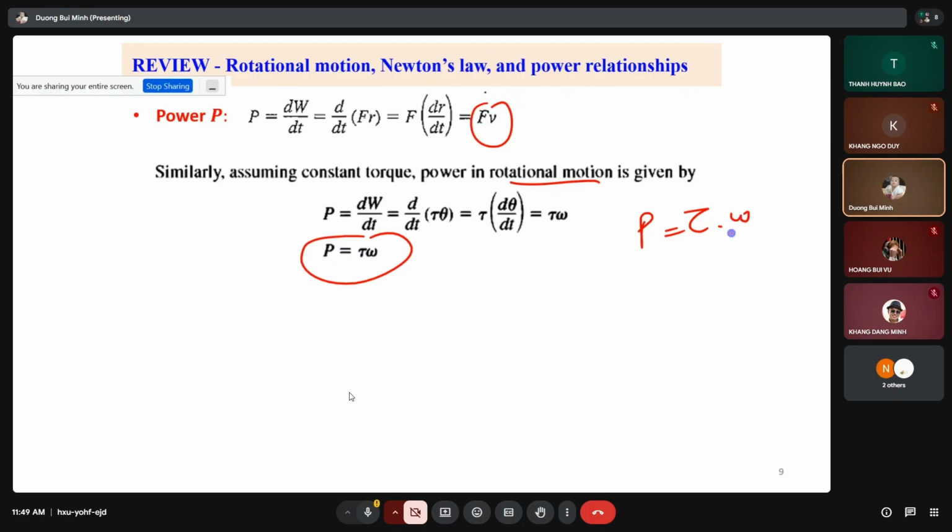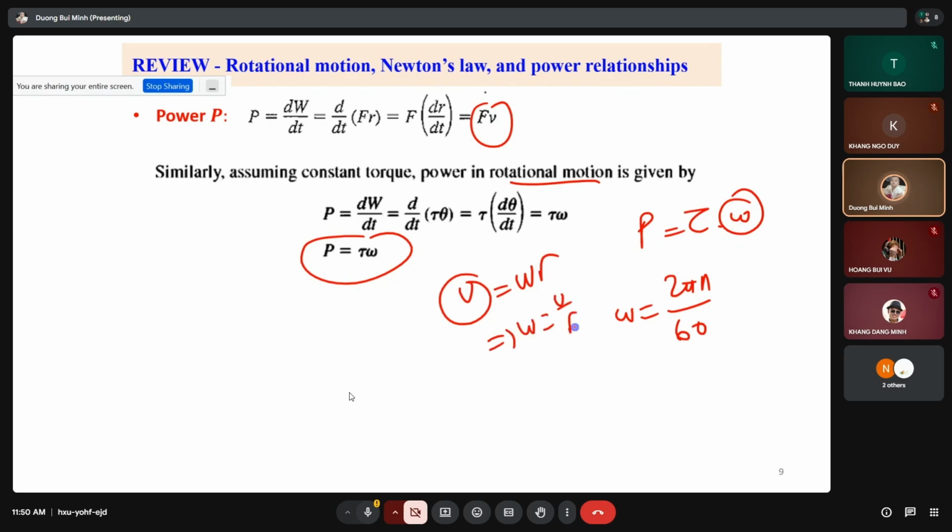Omega is angular velocity, and omega is 2 pi n divided by 60. If you get V, you can get V is omega times R, so omega is V over R. It depends on the question given. If the question gives RPM, you can calculate omega here. Or if we know velocity and radius, we calculate omega, and then you get power.